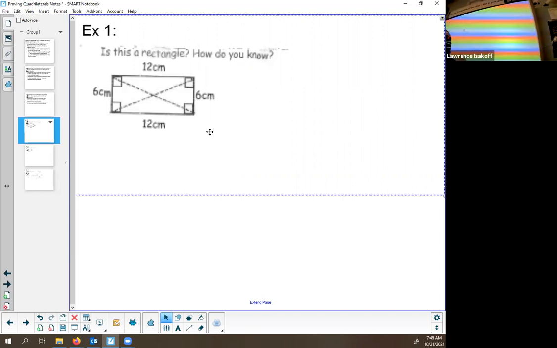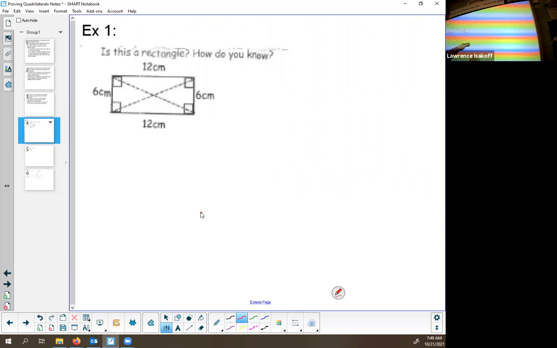So we provided the evidence. We're explaining how we know. So to answer this, is this a rectangle? How do we know?